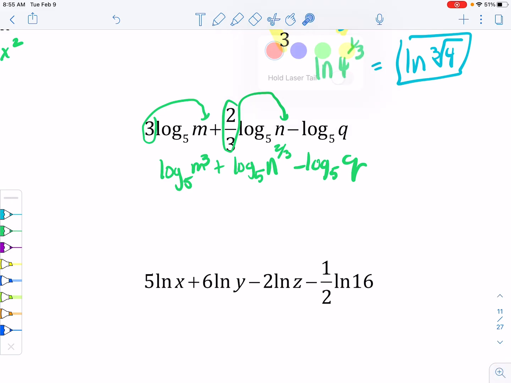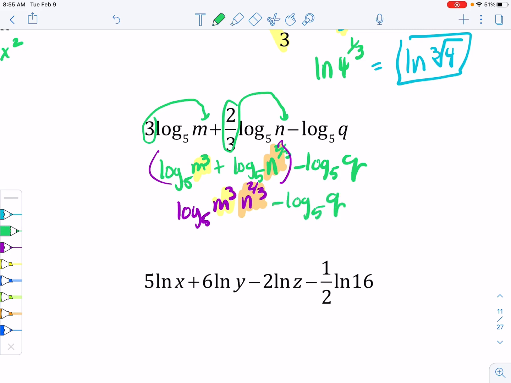Okay. So if I look at these 2 things here first, these 2 things are being added, which means I can move it to multiplying. So log base 5 of m cubed n to the 2/3. So we took these 2 things and we multiplied the arguments. But I still have minus the log base 5 of q.